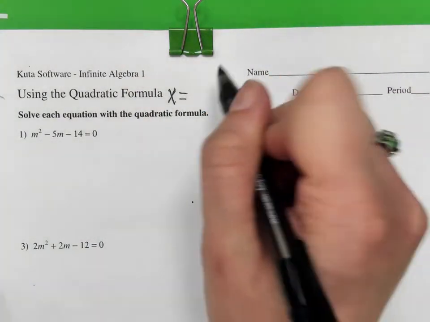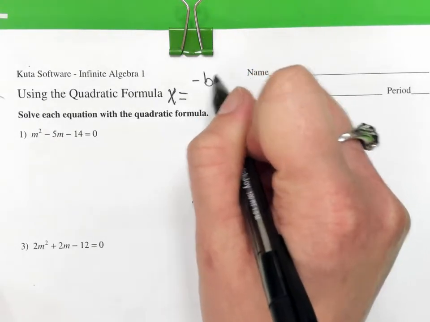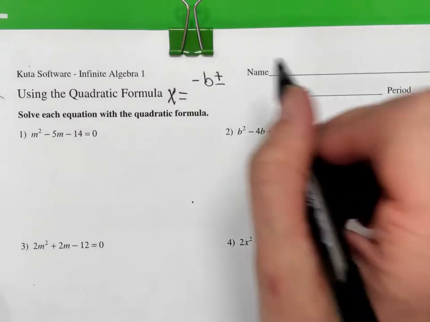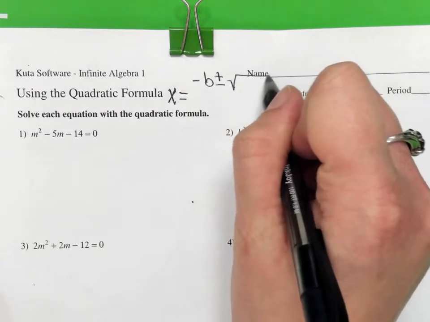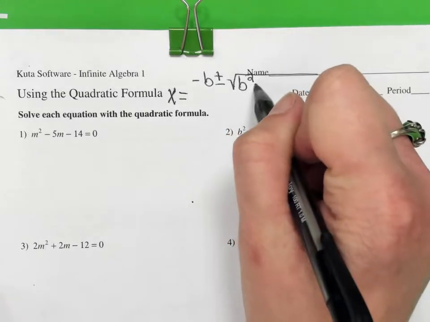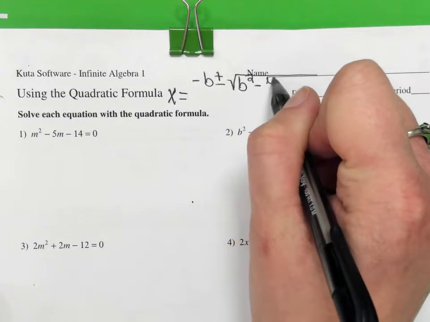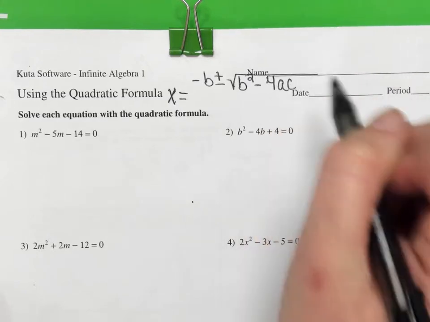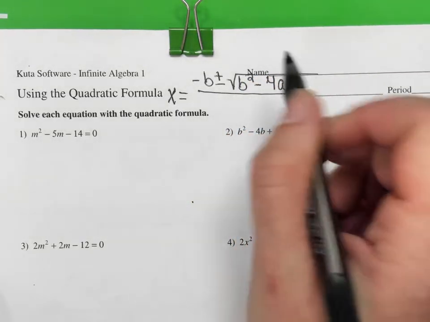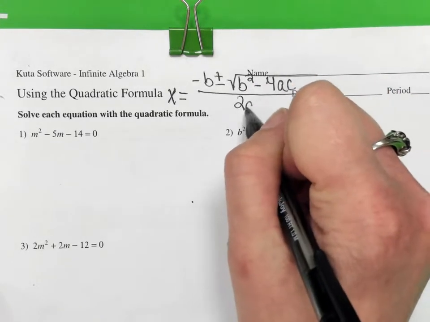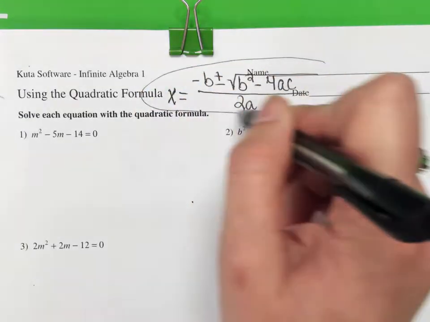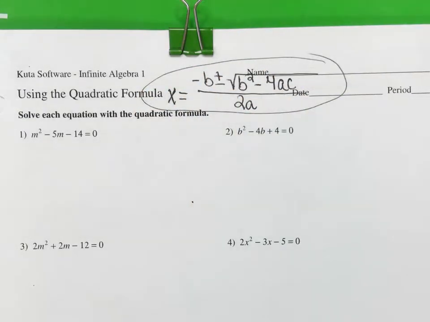X equals negative b plus or minus the square root of b squared minus 4 times a times c all over 2 times a. Circle it. Highlight it. Make sure you have it, okay?